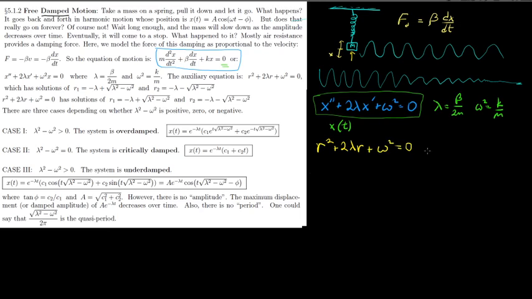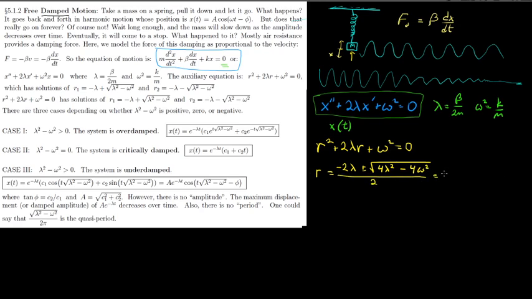This is a quadratic equation in r. If you solve that, you get r equal to the opposite of b, plus or minus the square root of b squared, so 4 lambda squared, minus 4 times a, which is 1, times c, which is omega squared, divided by 2 times a, which is 2.